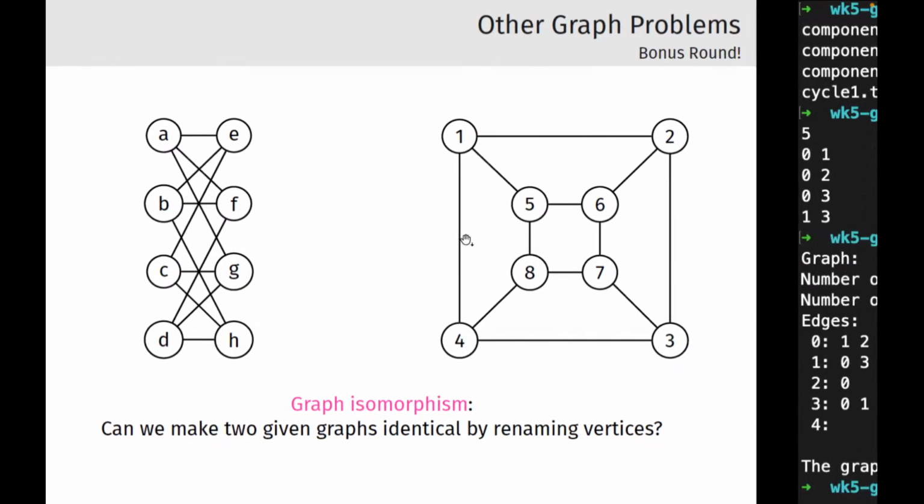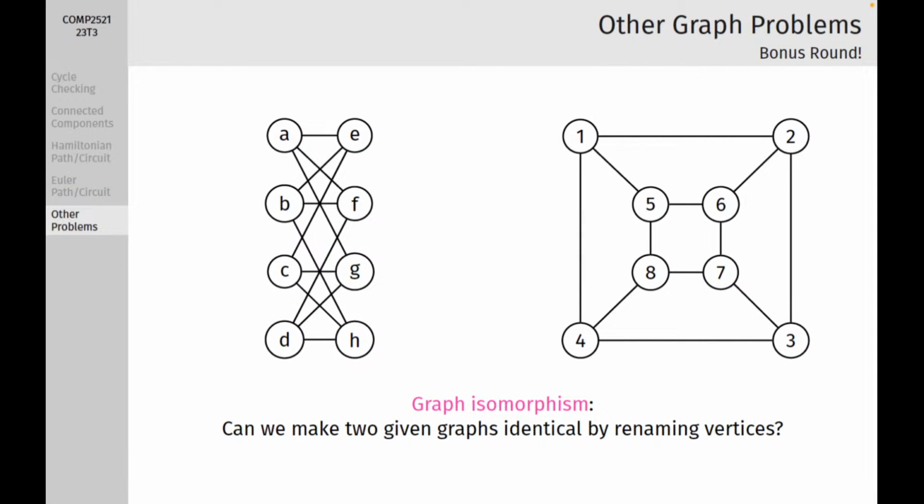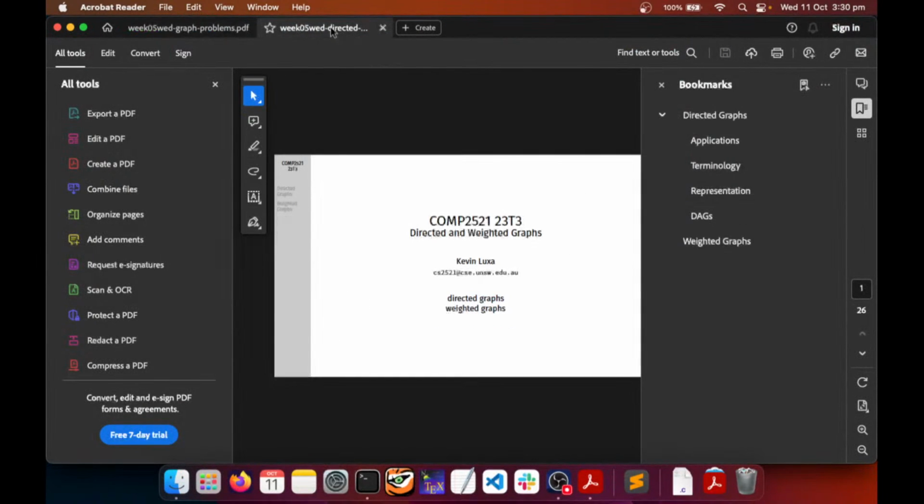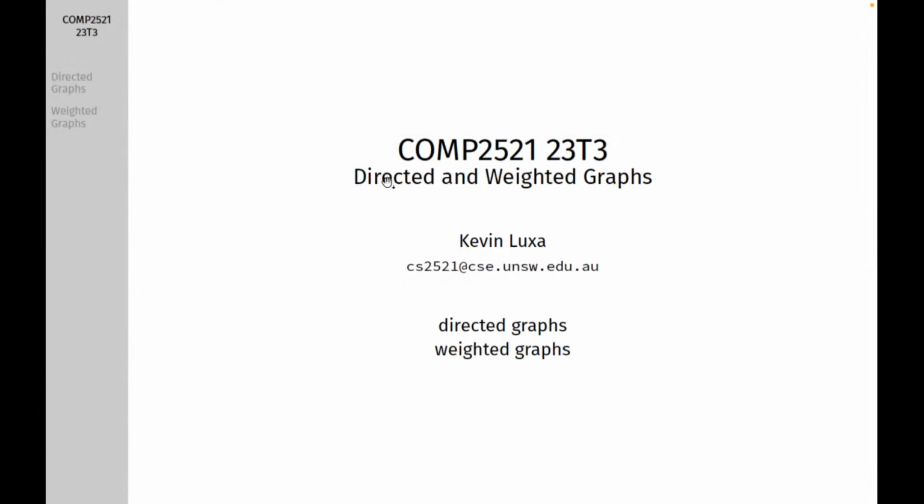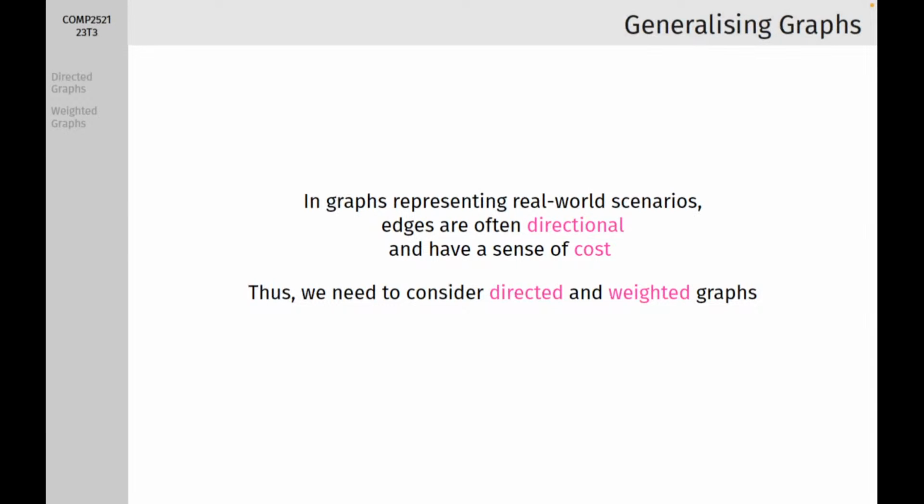So now we're going to have a quick look at our next topic, which is directed and weighted graphs. This is a bit of a lighter topic, so not much content here, but we already introduced directed and weighted graphs from earlier.